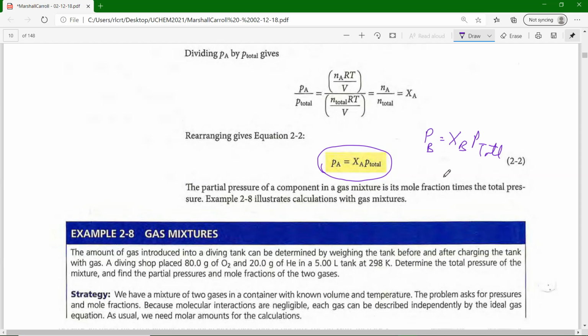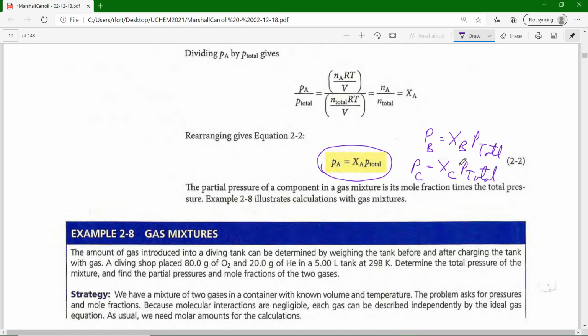If I have 3 components, the partial pressure of C is the mole fraction of C times the total pressure. The partial pressure of a component in a gas mixture is its mole fraction times the total pressure.